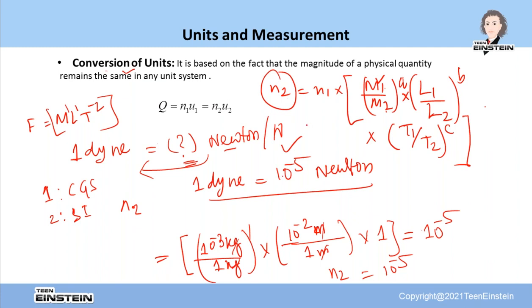Here I had taken two examples, one for work done, that is SI to CGS, and in this case I have taken how to convert the quantity force from CGS unit to SI unit.